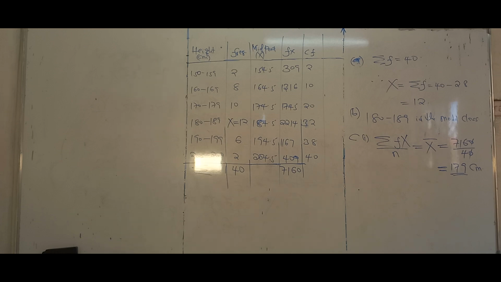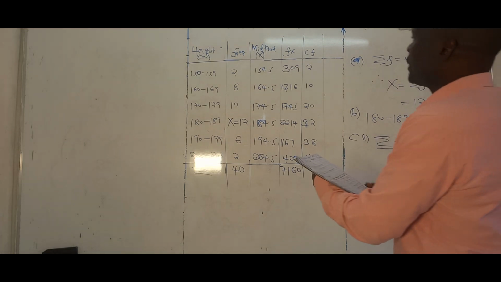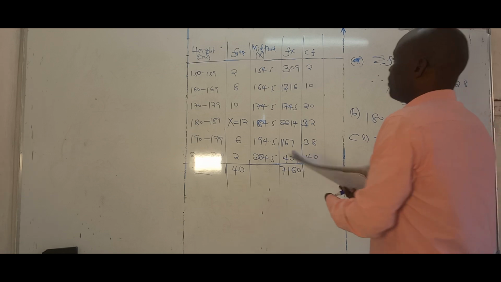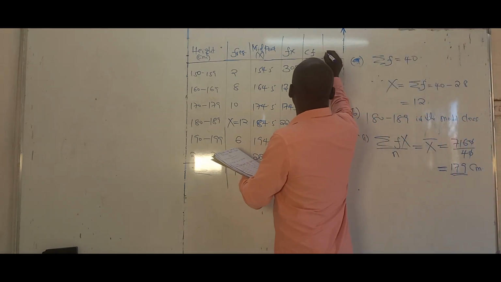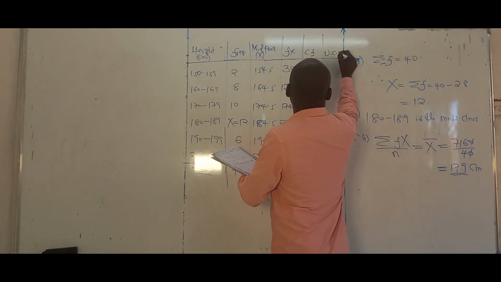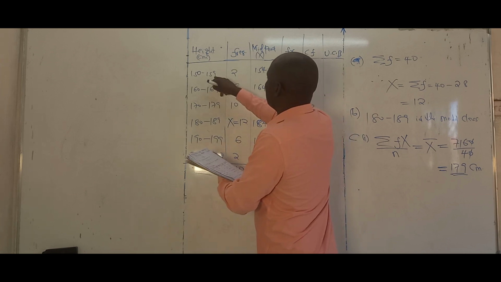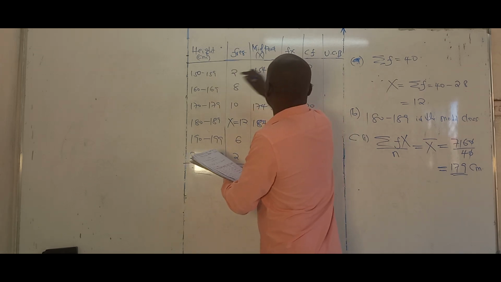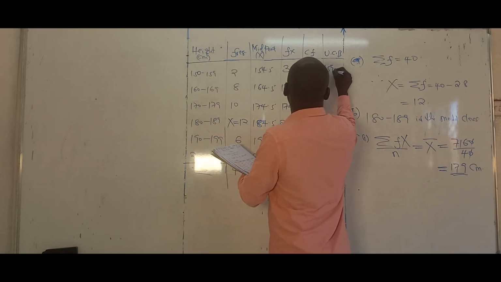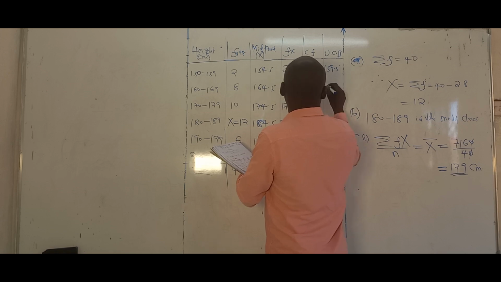But then we can also have what we refer to as the upper class boundary, UCB. That becomes the upper class boundary, which is 159.5. Here we have 169.5.